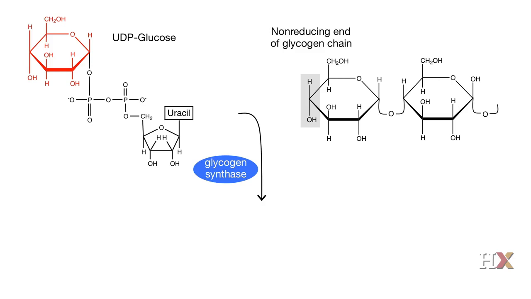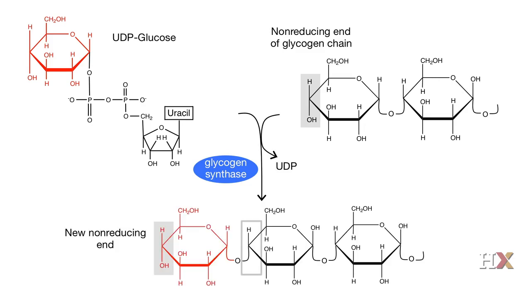The consequence will be the increase of the length of this chain by 1 unit and the formation of a new non-reducing end that can be used by the glycogen synthase to continue the elongation of this chain.